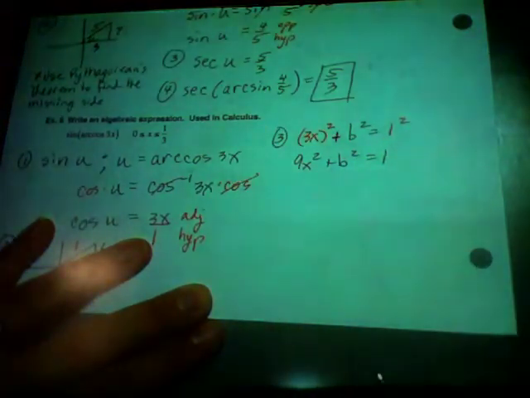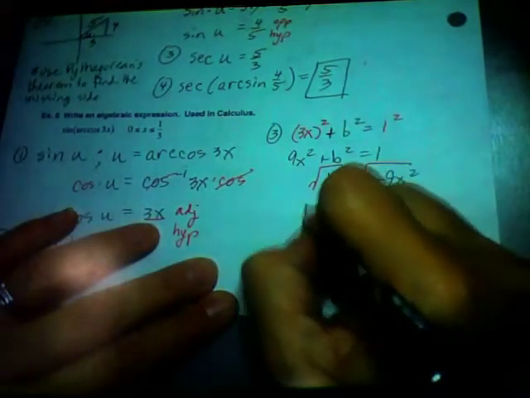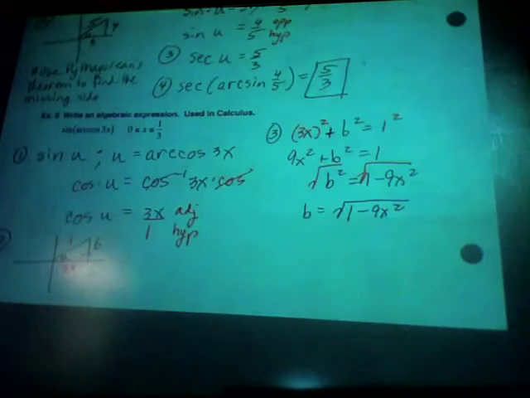What's 3x squared? So 9x squared plus b squared is equal to 1. How do you get b by itself? Okay, so I got 1 minus 9x squared. And then take the square root of both sides, right? And I get b is equal to the square root of 1 minus 9x squared.